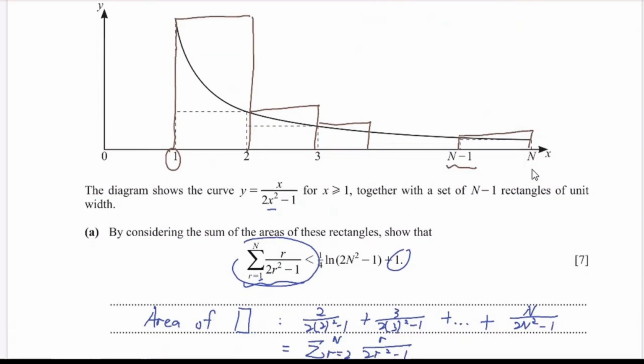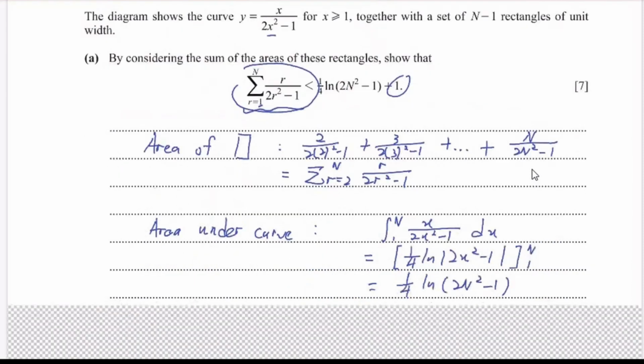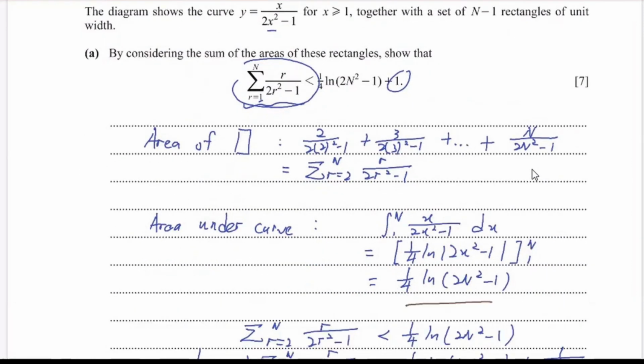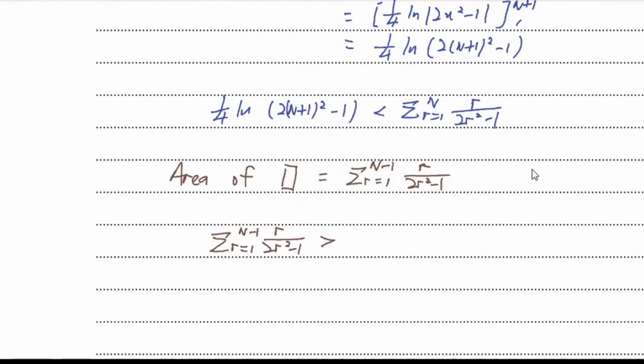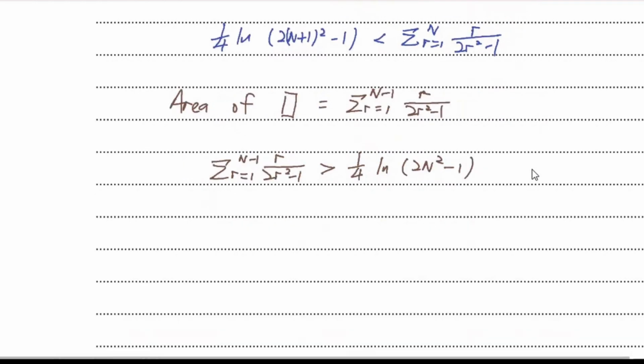The area under the curve that we have found just now is from 1 to n, and it is given by this thing here, 1/4 ln of 2n squared minus 1. But there's still one thing missing there, which is the nth term. So for the nth term, we need to add the nth term to both sides.